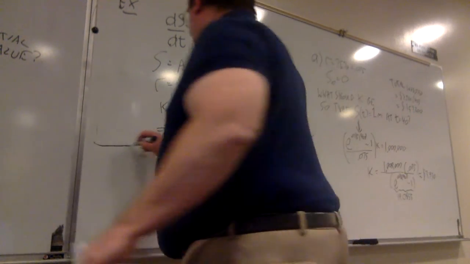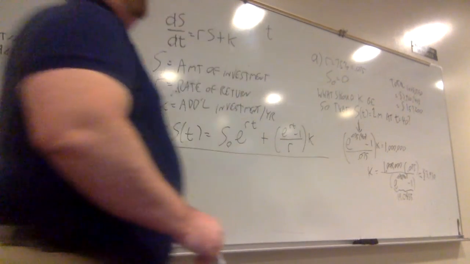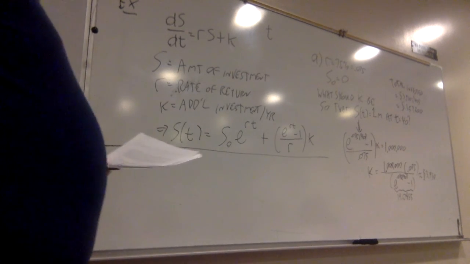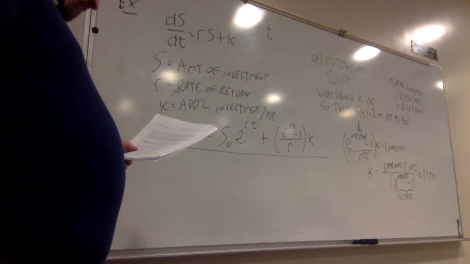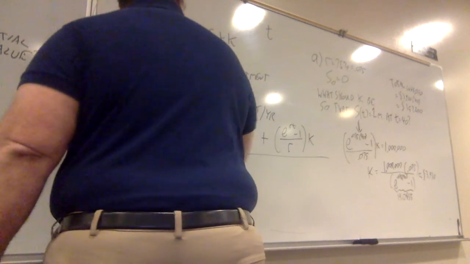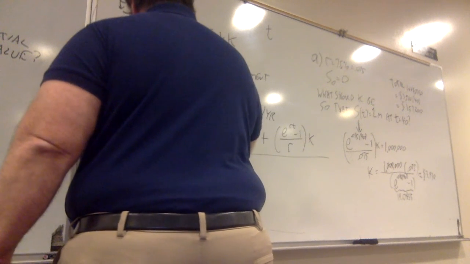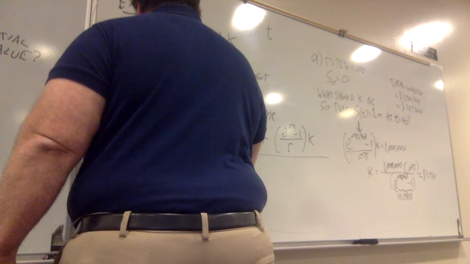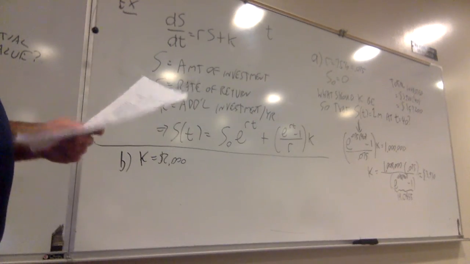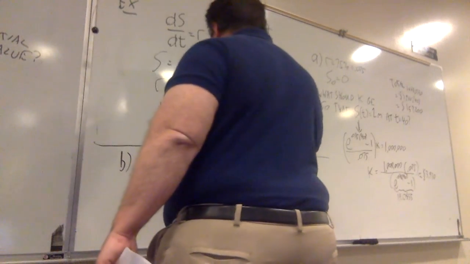So questions about that one? Now, if I pose a different question, where K is known, if I say I only want to dump in 2,000 a year, and T will still be 40.